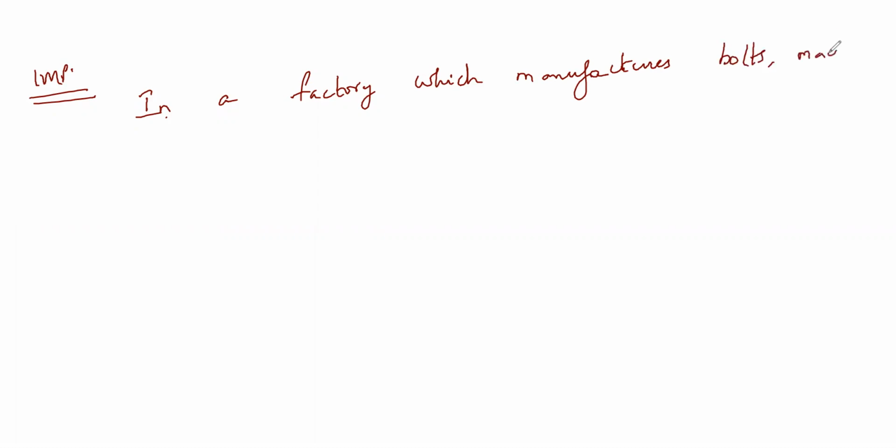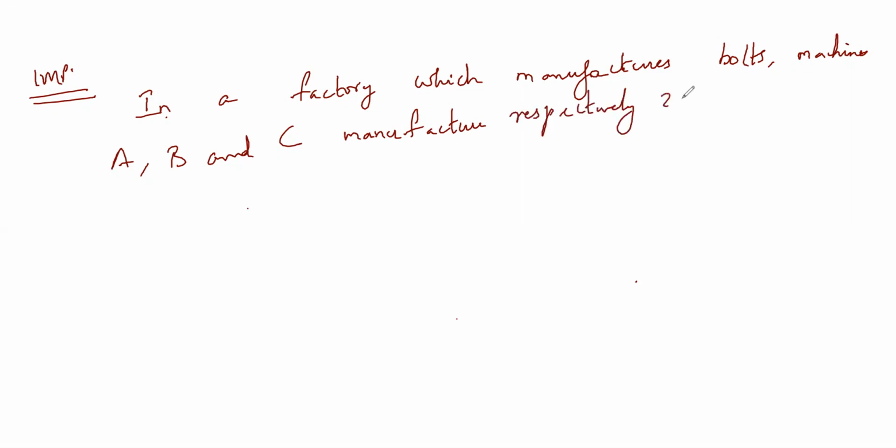So the question is, in a factory which manufactures bolts, that is machines A, B and C manufacture respectively 25%, 35%, and 40% respectively, okay, of the bolts.